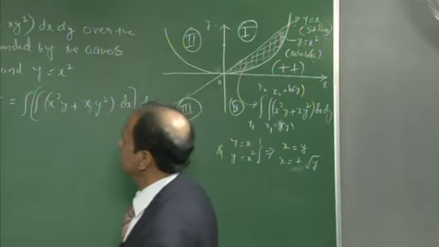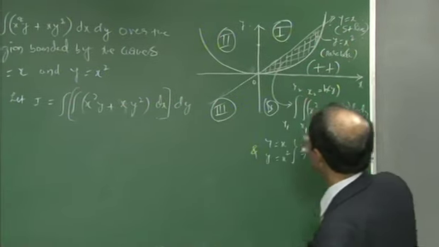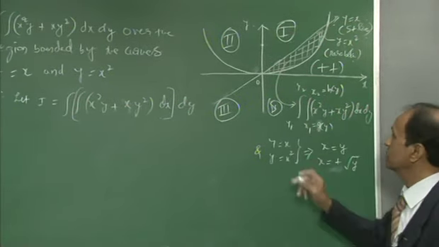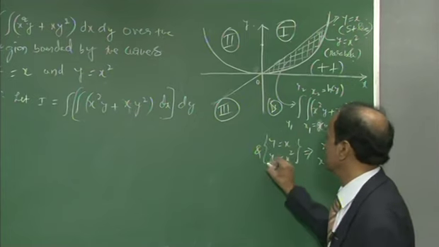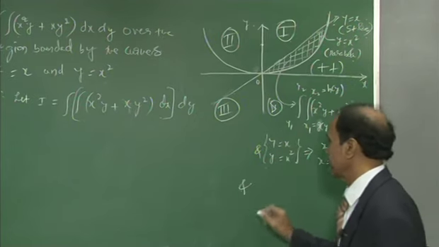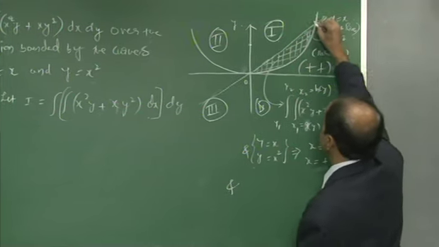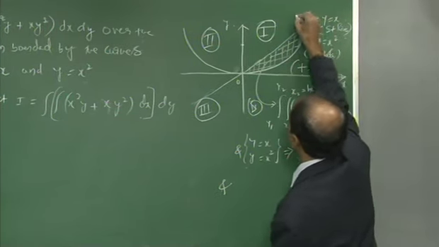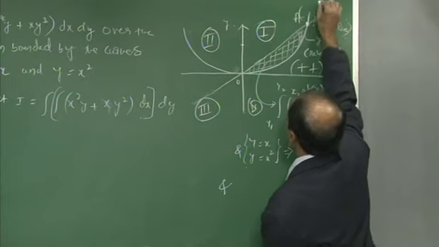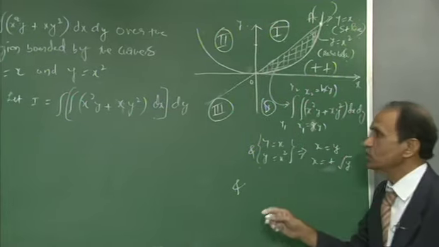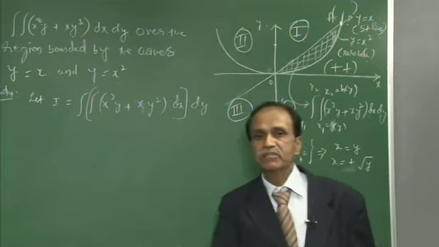X equal to y and x equal to root y will be the limits for the innermost integration, and for the outermost integration you have to collect the limits, which means the point of intersection you have to take. What is that point of intersection? How to collect the limits? You solve the given equations.